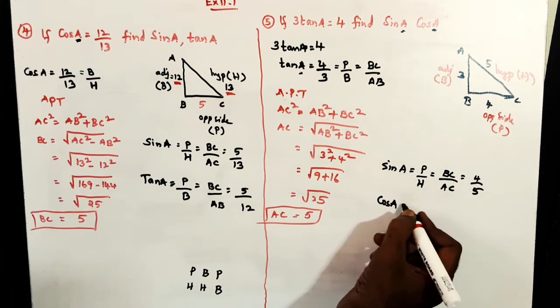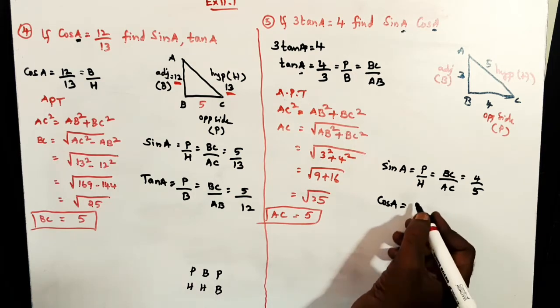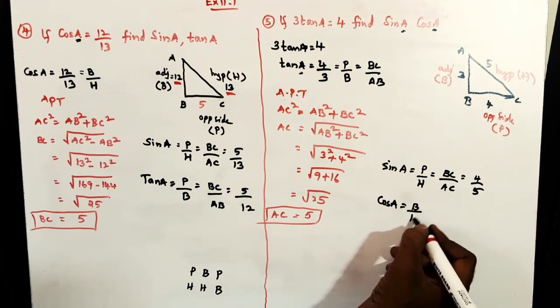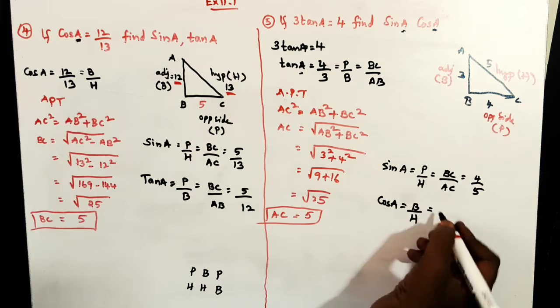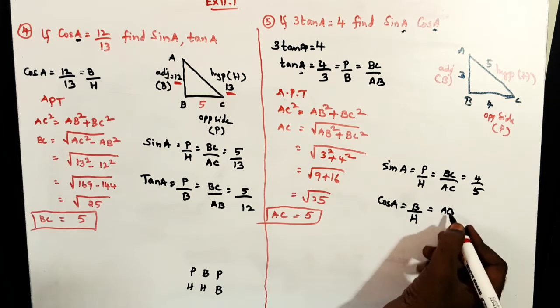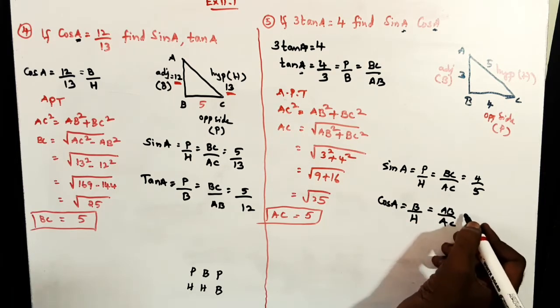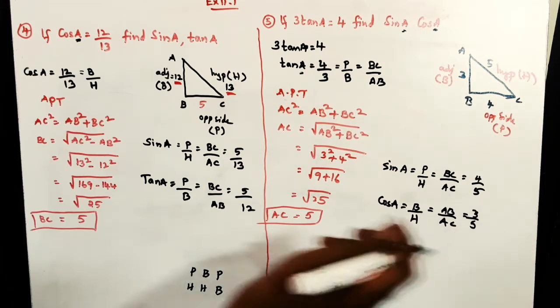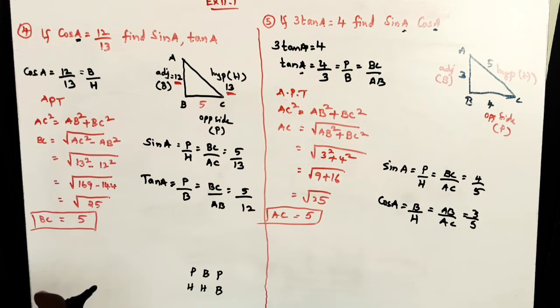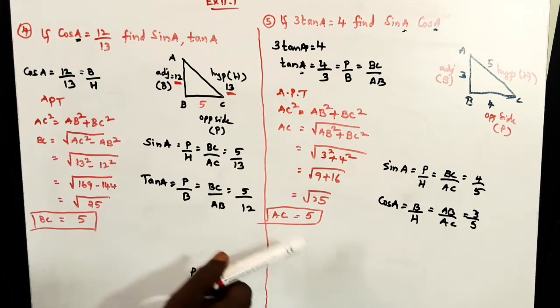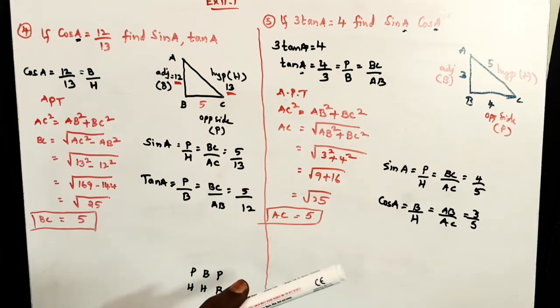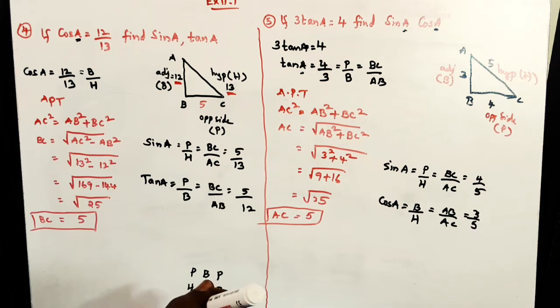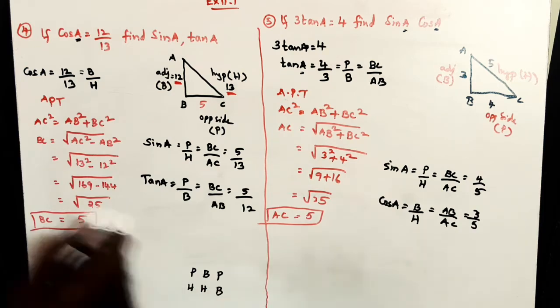Cos A. Cos means B by H, that is equal to AB by AC, 3 by 5. So like this we can find the trigonometric ratios. I hope you have understood the process. These two are of the same method. Just pause the video, write down the solution. If you get any doubt, just drop your doubts in the comment box.